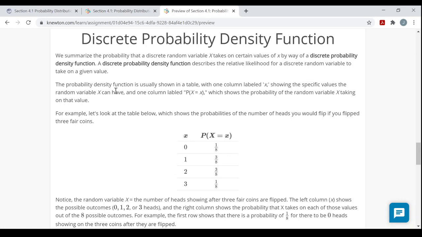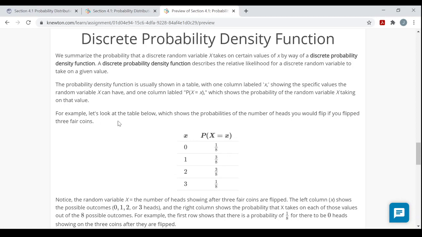It is usually shown in a table with one column labeled little x or little y, depending on how you label the random variable, showing the specific values that the random variable capital X can have. And one column labeled the probability that capital X equals little x. What's the probability that the random variable takes on those specific values?